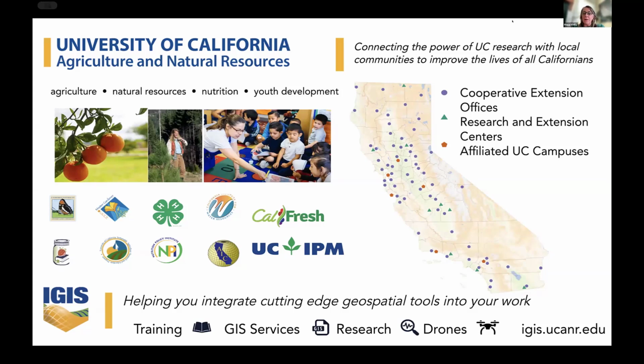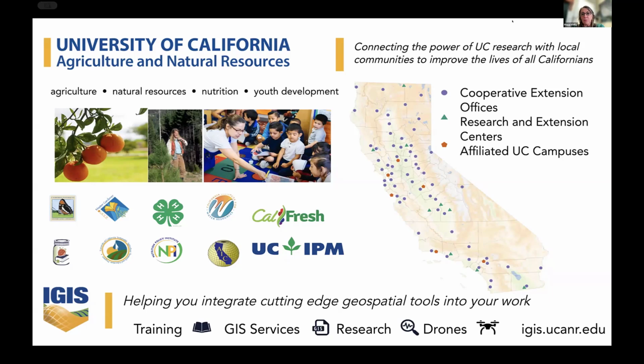And UCANR is this big network of people across cooperative extension offices out in the counties, on research and extension centers, and on affiliated campuses. And we do all kinds of work to help California be a better place, to help California agriculture, natural resources, nutrition, youth development.